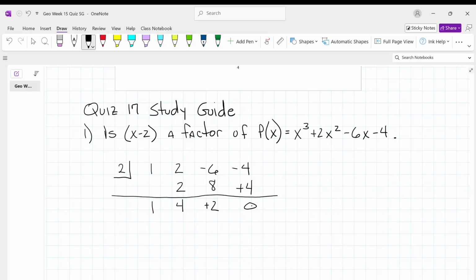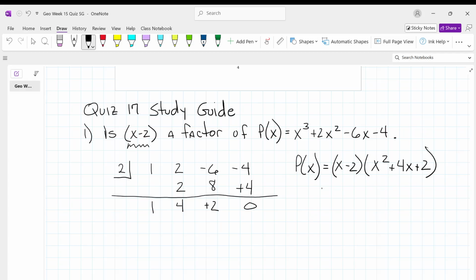So if we have a 0 remainder, then x minus 2 is a factor. And we're going to write this as a product of two factors, so we're going to write p of x is equal to x minus 2 times x squared plus 4x plus 2.